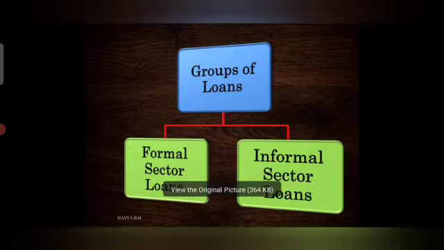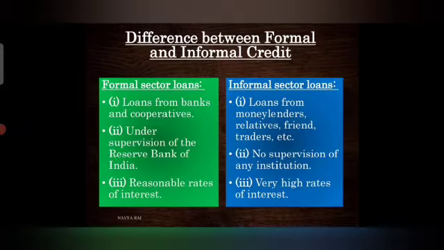Loans can be broadly classified into two types: the formal sector and the informal sector. What is the difference between formal and informal sector credit? Formal sector loans come from banks and cooperatives under the supervision of the Reserve Bank of India, and reasonable interest is charged.